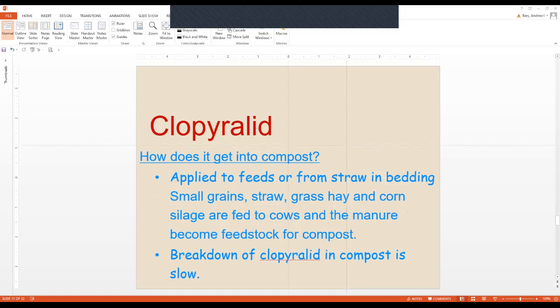Clopyralid is applied to feeds or straw for bedding, such as small grains, grass, hay, corn, and a few other crops. These are fed to cows or used for bedding, then the manure becomes a feedstock for compost. If the materials had clopyralid applied to them, you're going to see it show up in your compost, because clopyralid just doesn't break down very quickly in compost piles.